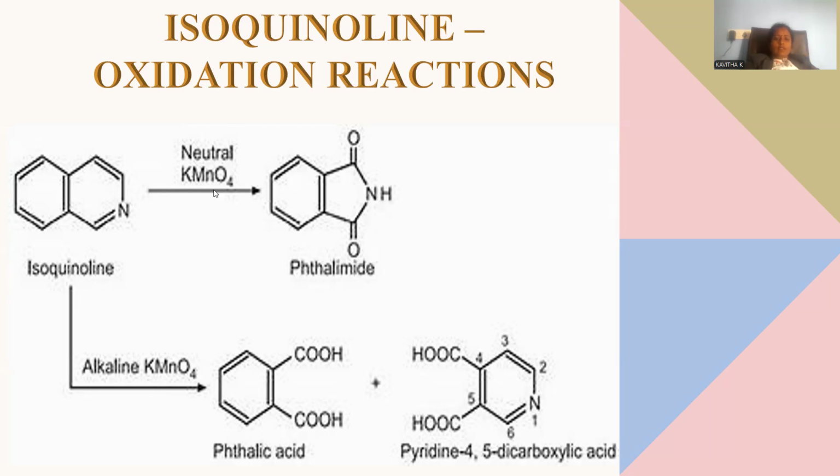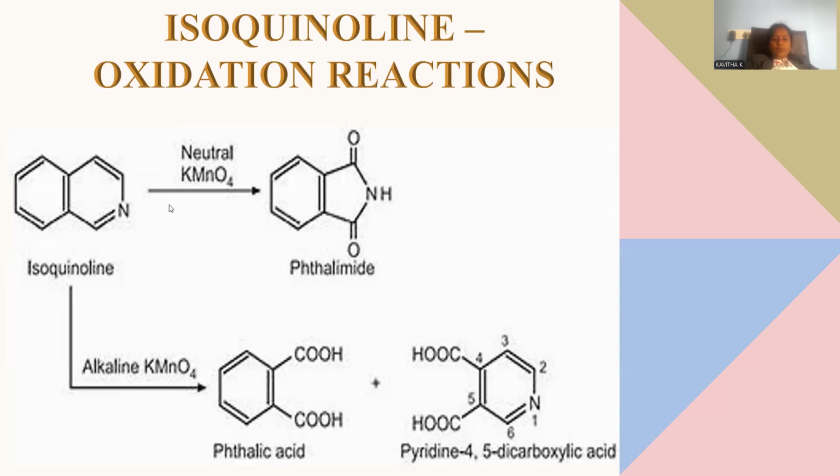This is a neutral permanganate oxidation, giving rise to ring contraction of this isoquinoline and the subsequent oxidation as well. Isoquinoline to be treated with permanganate only, but alkaline condition is the specificity applied over there, that is able to cleave the ring system either. The heterocyclic ring is totally cleaved, where the positions attached to this benzene ring will be transformed into carboxylic acid, giving rise to phthalic acid.